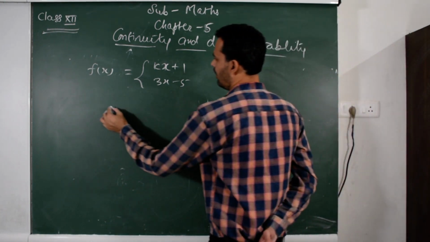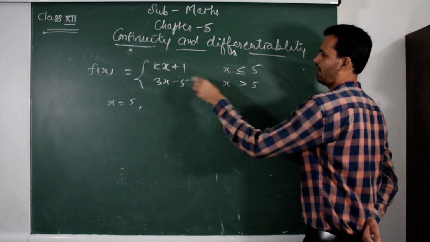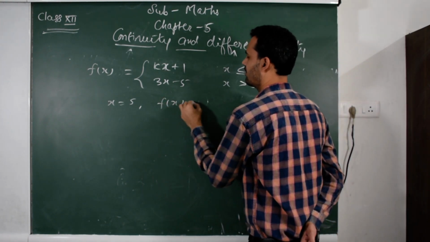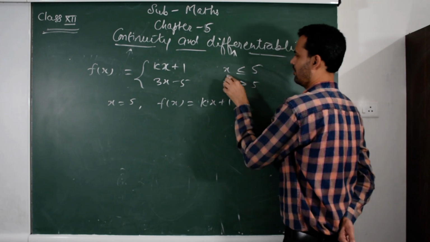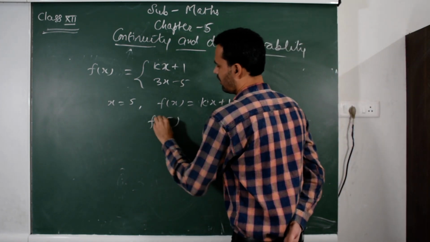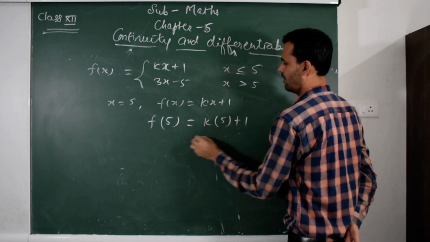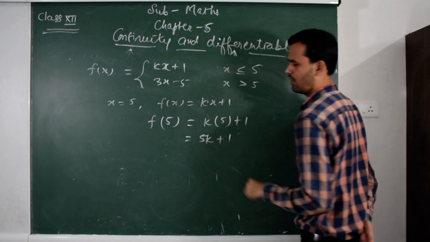So we take first x equals 5. At x equals 5, the function is kx plus 1, so k into 5 plus 1, its value is 5k plus 1.